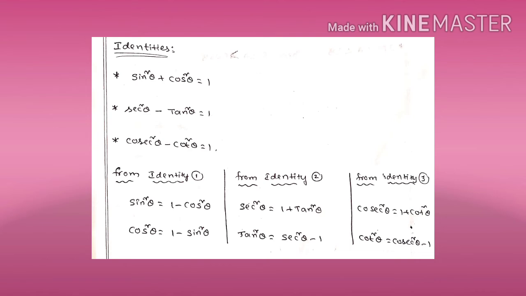Next chapter, application of trigonometry. There is no formula for that. We simply have to understand angle of elevation and angle of depression, right? And also there you have to get the values according to the ratios. Sin 30, sin 45, sin 60, cos 30, cos 45, cos 60, and tan 45, tan 30, and tan 60.